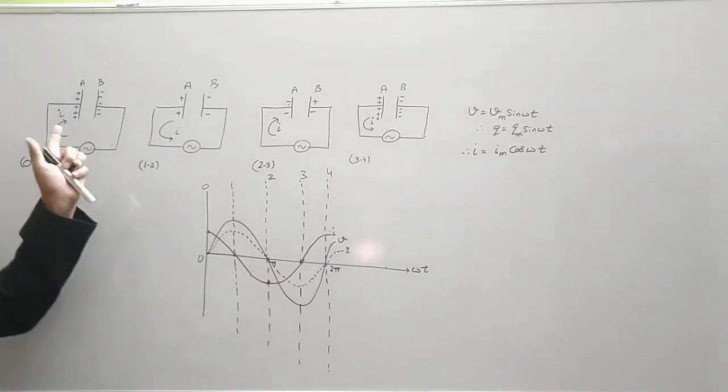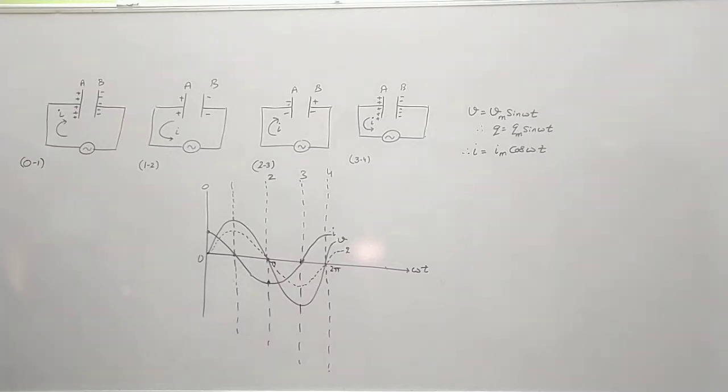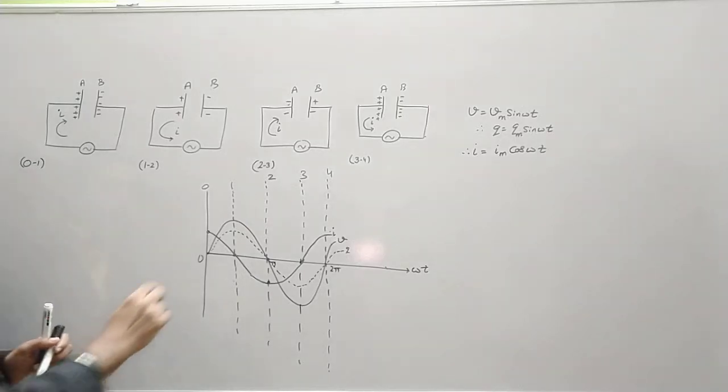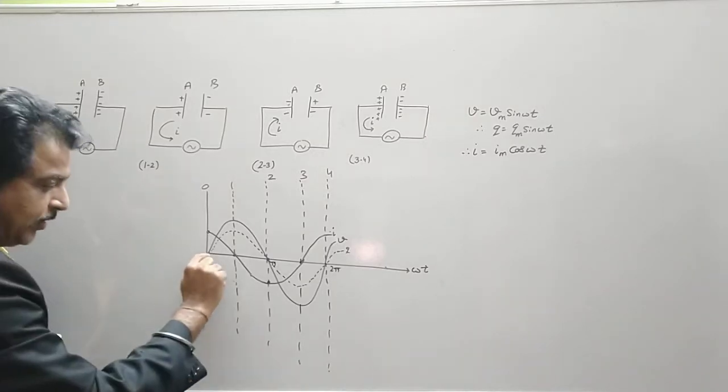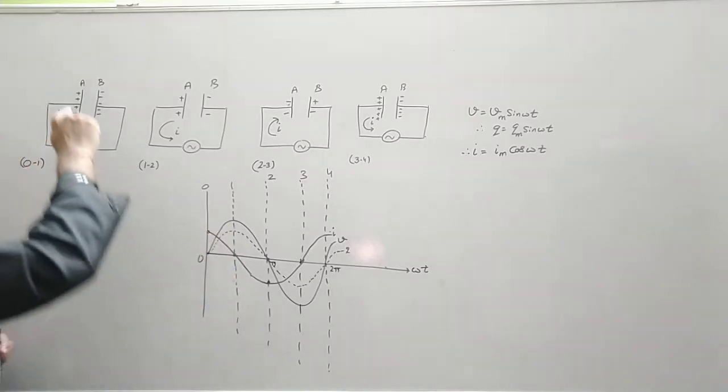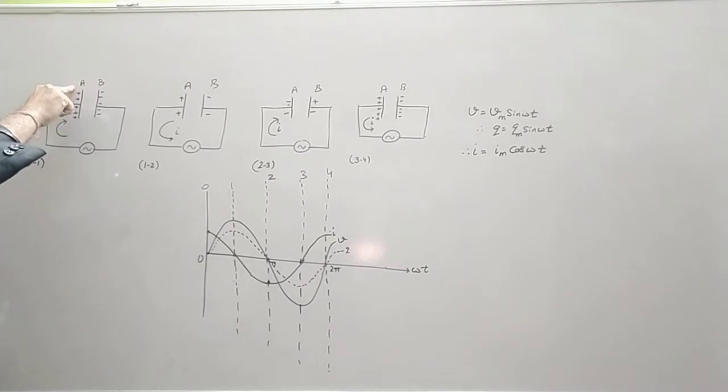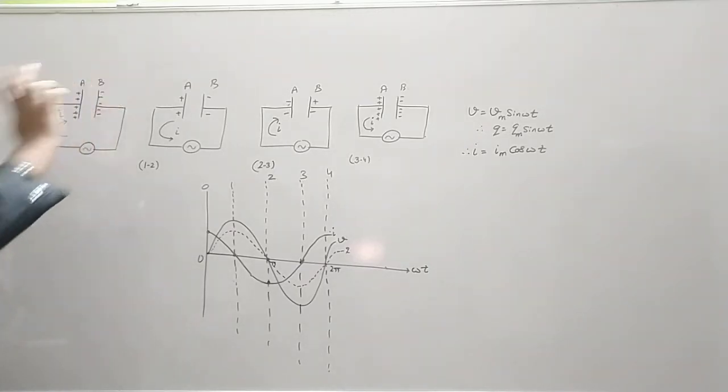Now at any instant, let us say the current is flowing in the direction as shown, from A to B. Or you can see from the graph that in the region from 0 to 1, the charge is increasing. So A acquires a plus polarity and B acquires a minus polarity.